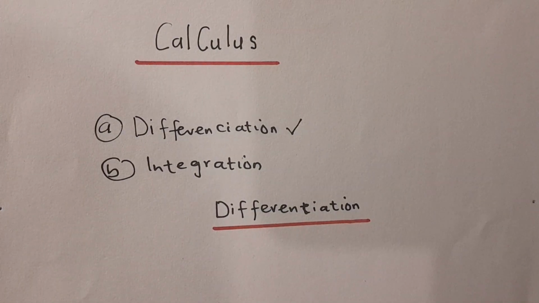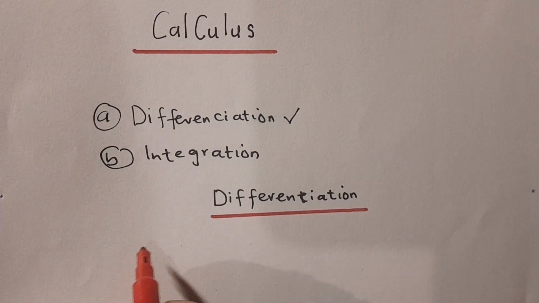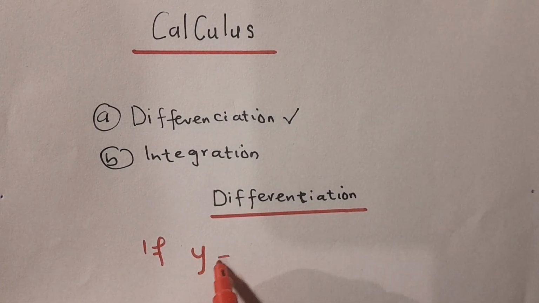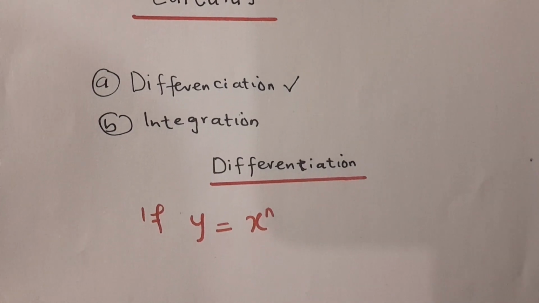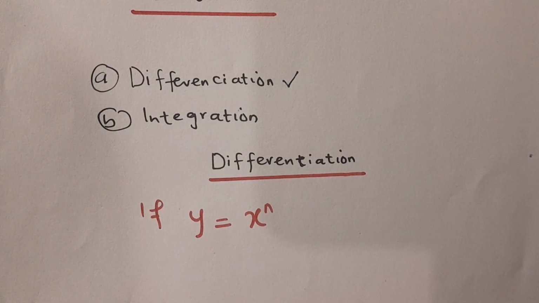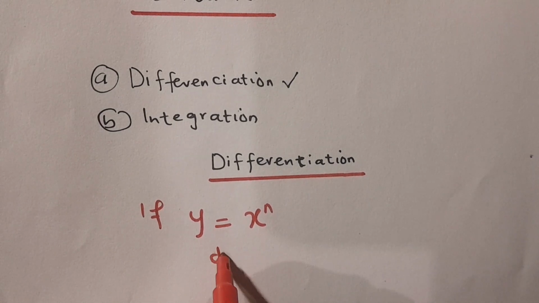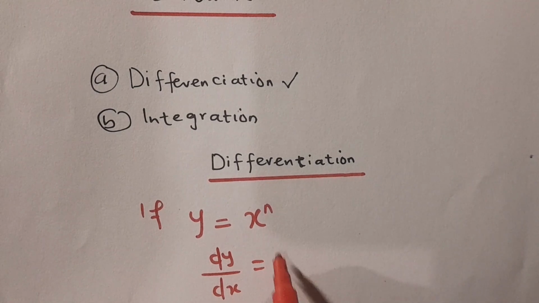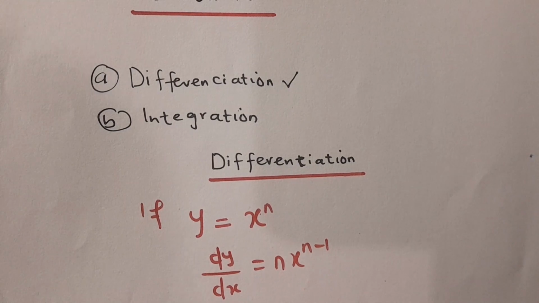So what are we saying in calculus, in differentiation, is that if we have a function, we have y to be equals x raised to power n. So from here, we believe that differentiation of this, the first derivative, dy by dx will be n x raised to power n minus 1.